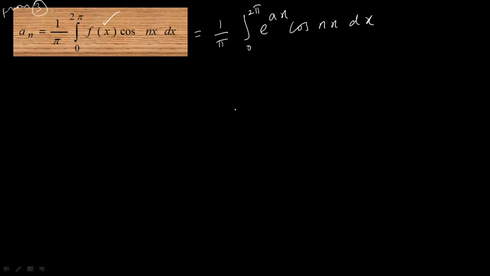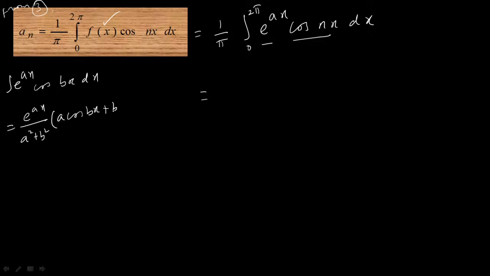As I told you already, you know the formula. If the integration consists of products of functions like this, we have a formula to evaluate this integral. I just write it here. Integral e power ax cos bx dx is equal to e power ax divided by a square plus b square of (a cos bx plus b sin bx).